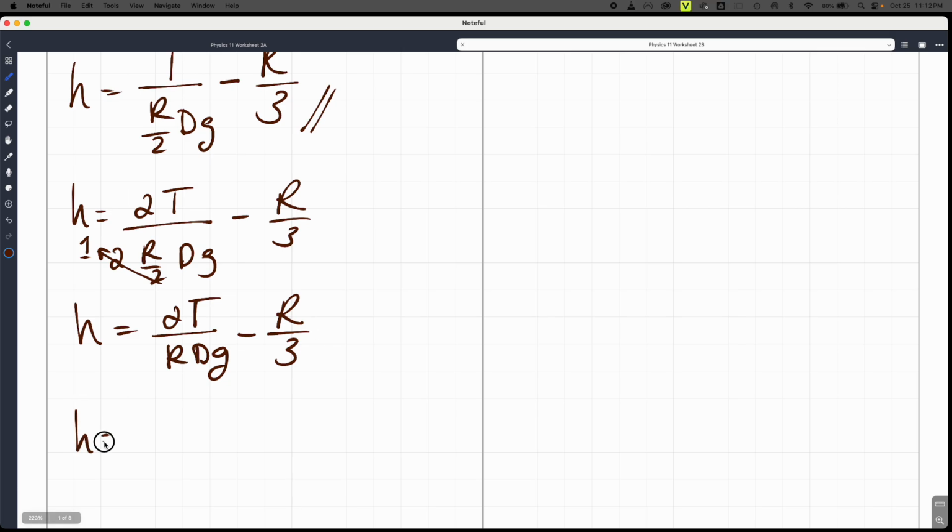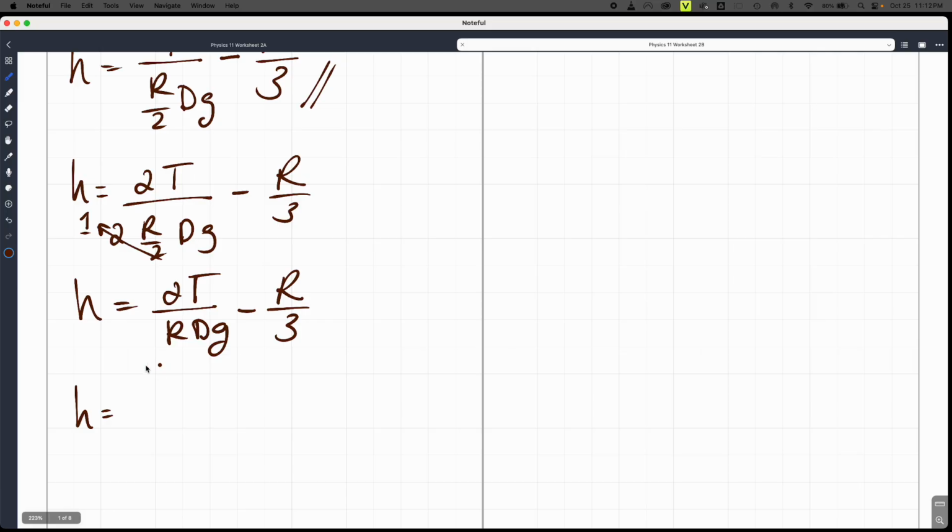Others would rather have this as a single fraction, further simplified, having a common denominator, which looks like 3r dg.